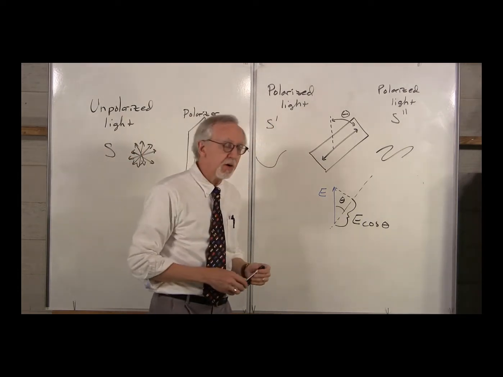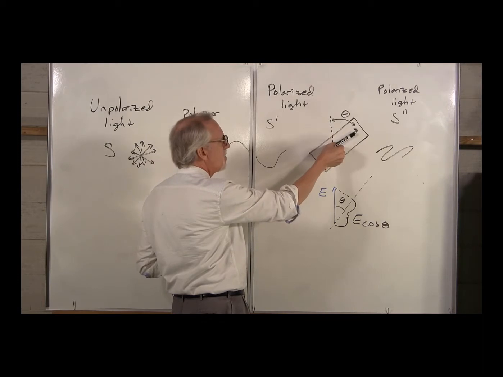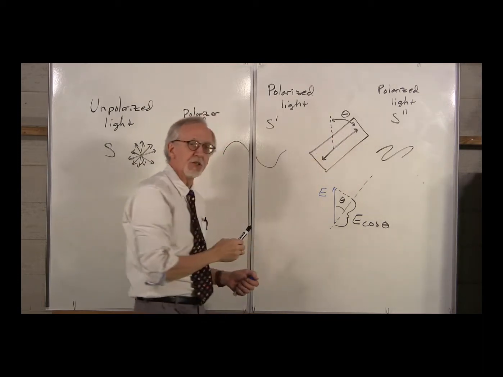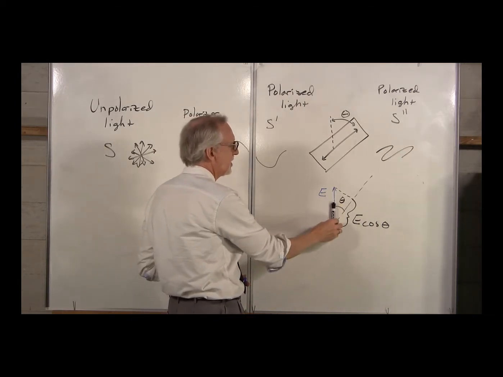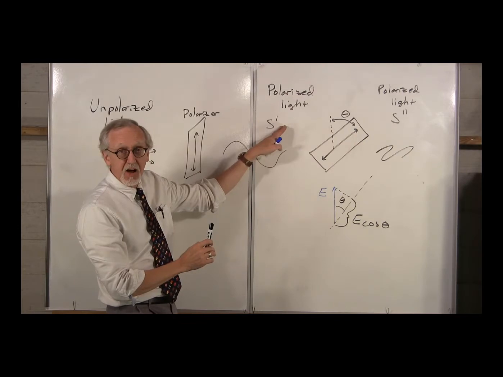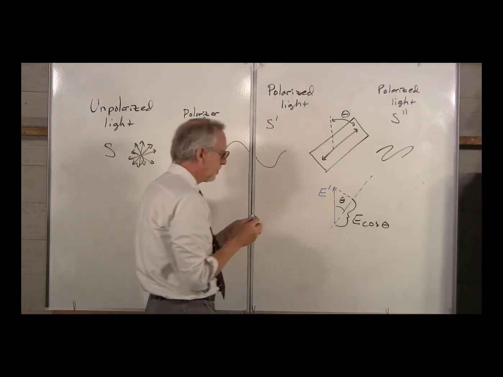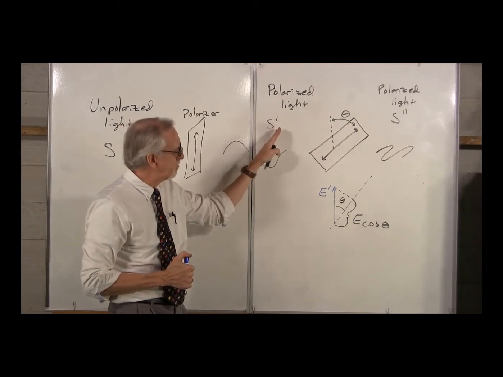Well, let's remember, only that amount of electric field that is pointing in our new polarization direction will make it through. Let's say we have an electric field, let's call this E prime. E prime is the electric field of the light for S prime.